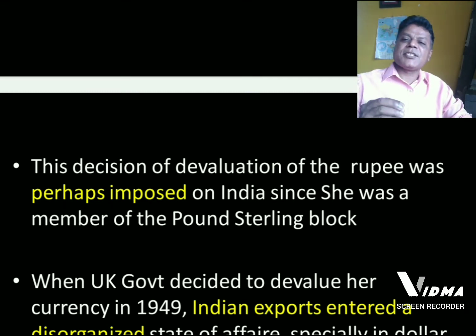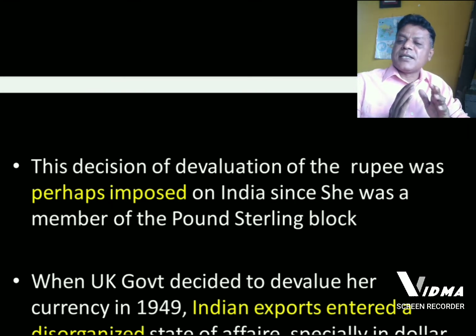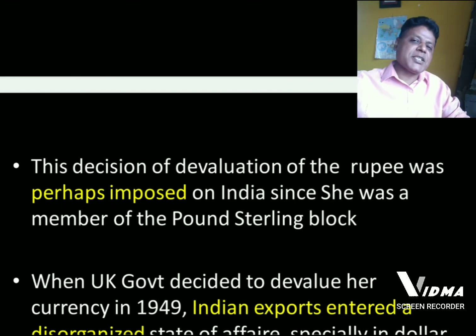There are some references which say that the devaluation of currency in 1949 was a kind of pressure imposed on India because of the situations and circumstances prevailing during those times.